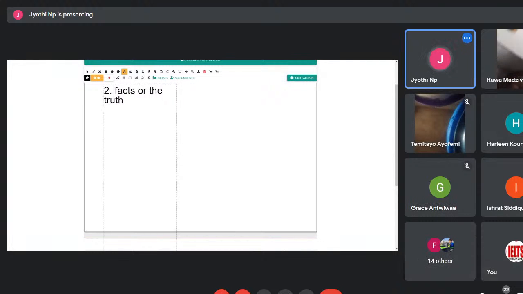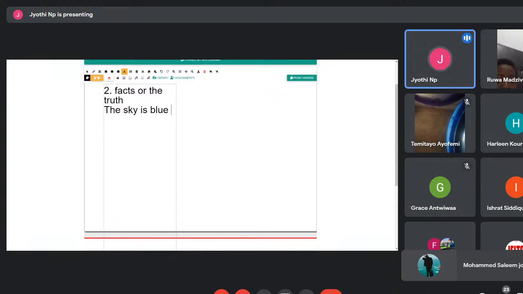For example, the sky is blue. You cannot change it. It's a fact, right? The sky would usually be blue.